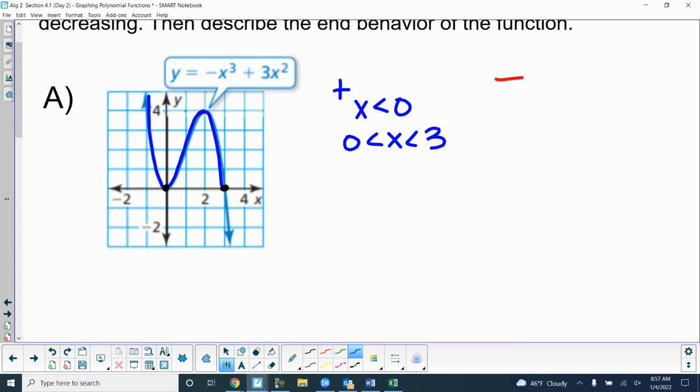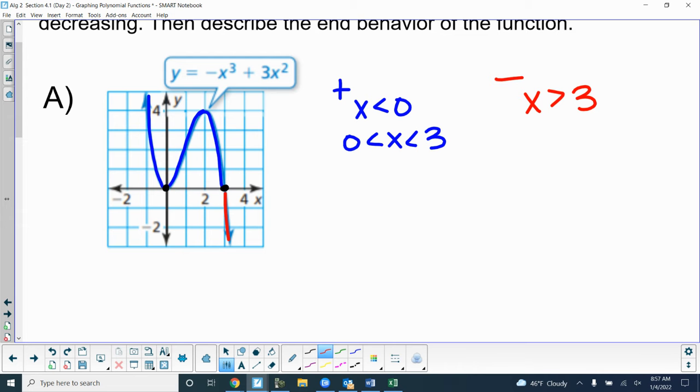Okay? Then my negative area is here, where x is what? What number is that? Yeah, greater than 3. Once we get past 3, it goes down. Okay? So far, so good?